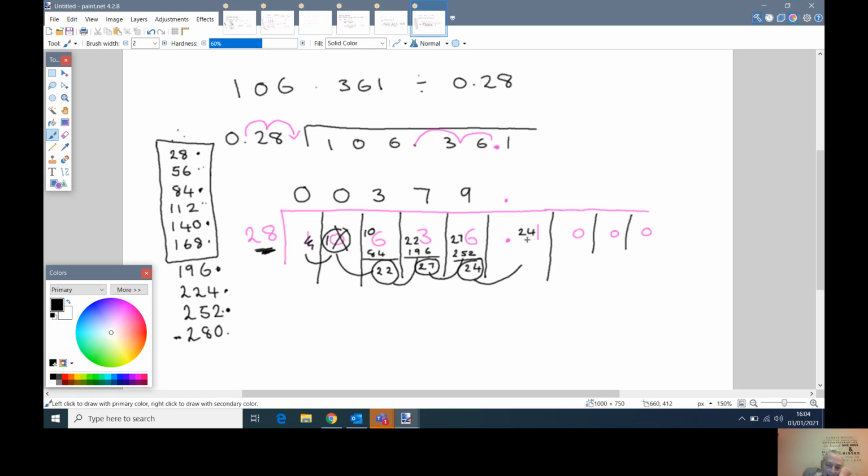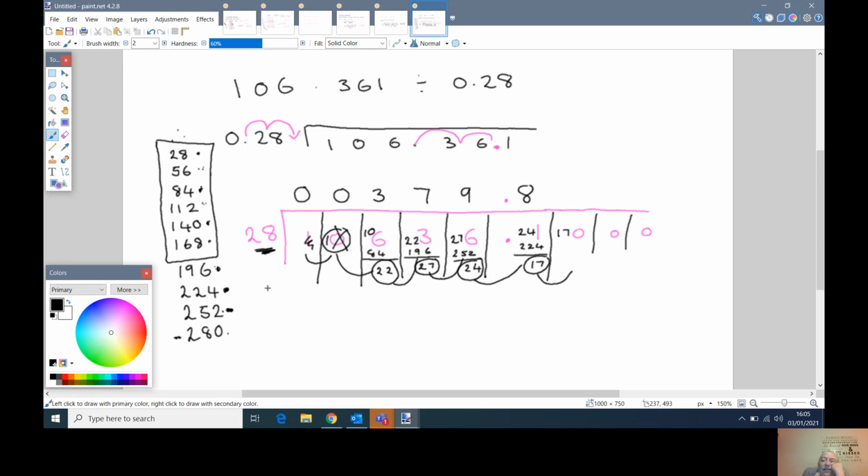How many 28s in 241? I can't go here, it's too high. So it's here, which is 1, 2, 3, 4, 5, 6, 7, 8. And that is 224, which leaves me 17. Where's that 17 go? Yeah, I did need this 0. Let's have a look. 17.